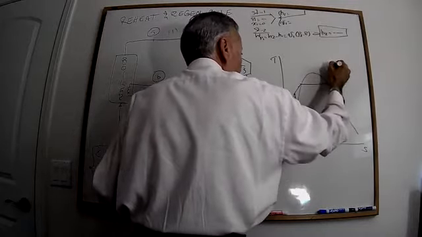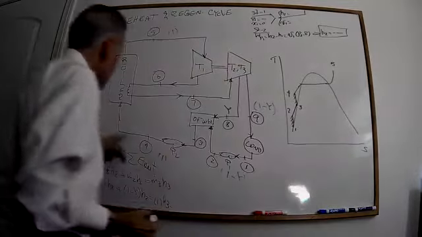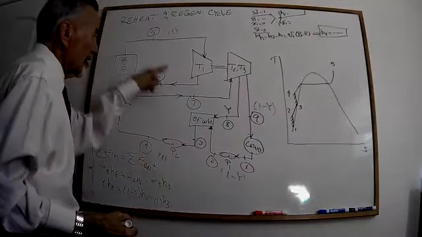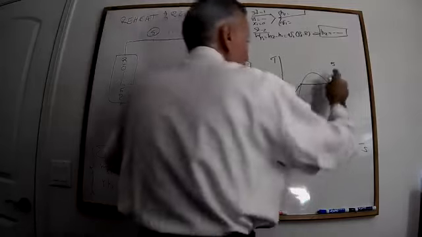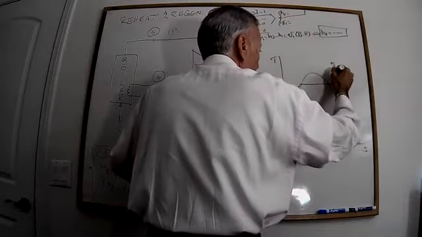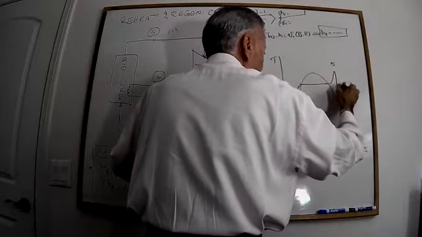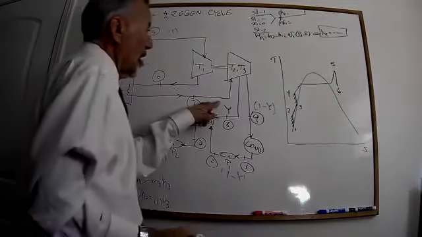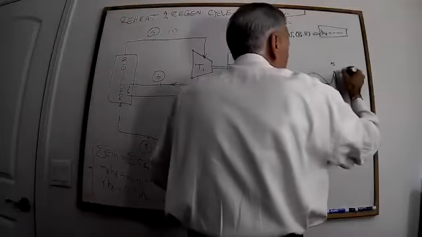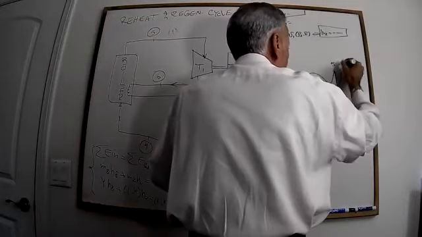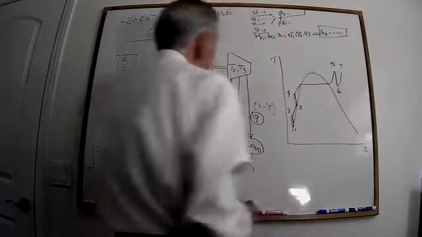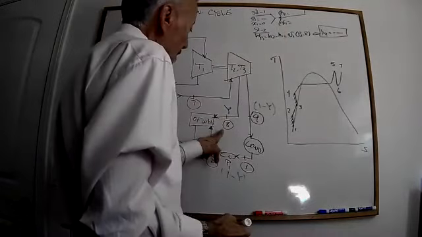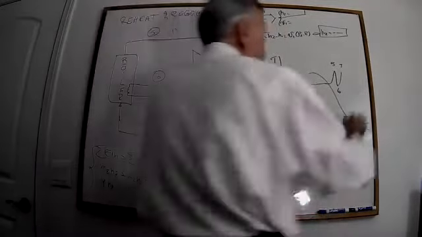This is your boiler at point 5 coming out. You go through the first turbine. That's point 6. Then you're going back up to the same level, same temperature at point 7. Now you're coming to point 8 and 9 straight down.